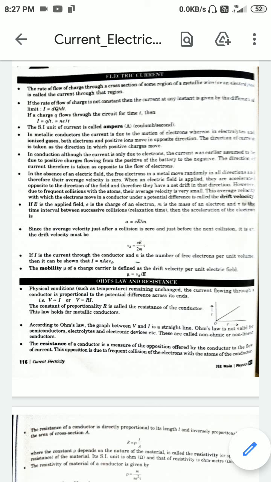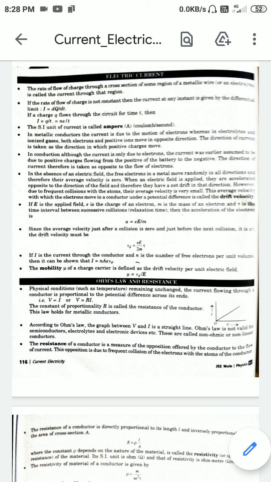Whenever you connect the circuit, the current flows from the positive of the battery to the negative of the battery. The direction of current is therefore opposite to the flow of electrons. Okay, so the direction of current is what? It is the direction of positive charges, and it is opposite to the direction of electrons.